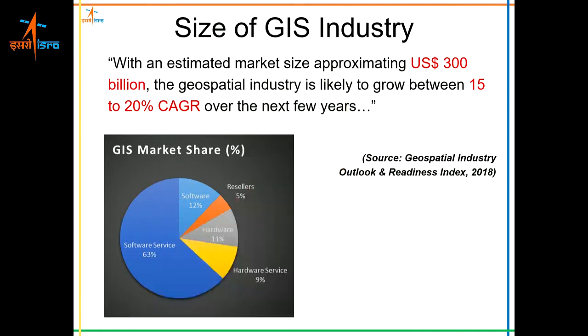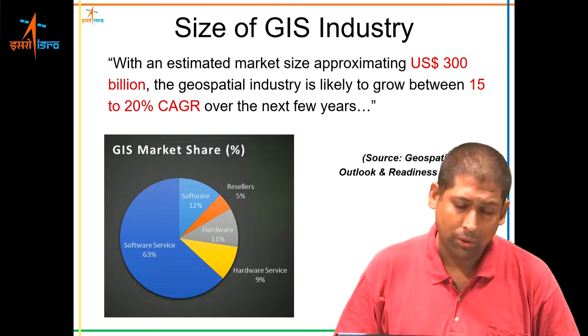So let me first start by trying to make you understand why open source. One of the primary factors fueling the software market in GIS is the size of the GIS industry. This is a line from a report in 2018 which says that the size of the GIS industry is estimated to be about 300 billion US dollars, which is growing at a rate of about 20% annually.